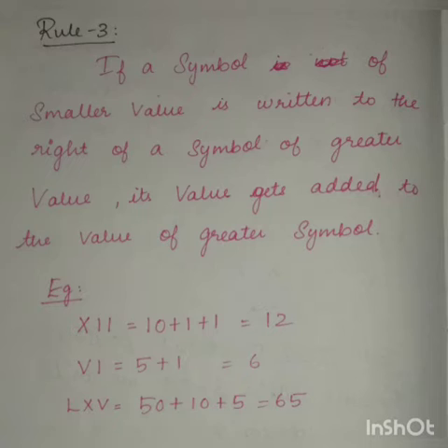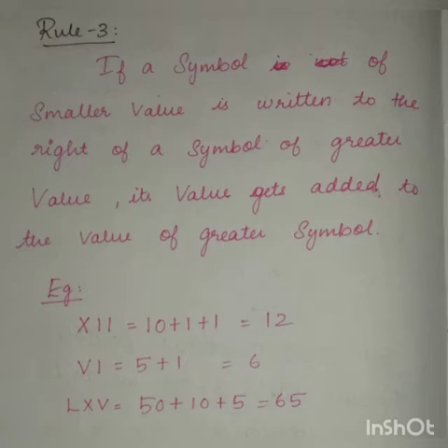Here is an example, XII. What is the smaller value? I is written on the right side of X, so you are going to add it to that greater value. What is the greater value here? 10. 10 plus 1 plus 1, which is 12. Next, VI. V is greater, I is smaller. I is written on the right side of the greater value, so I am adding that I to the greater value. 5 plus 1, 6.